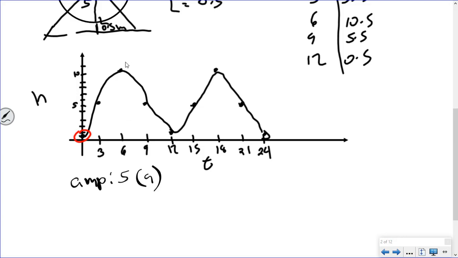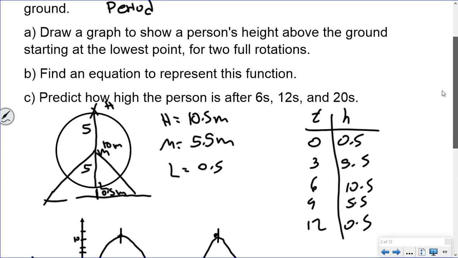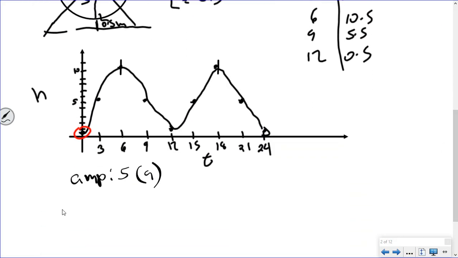My period for this graph, to go from highest point to highest point, or lowest point to lowest point, it says in the graph it takes 12 seconds for one full rotation, so my period is 12. So we have to think about what that means in terms of b. How do I get a period of 12? Because we want to take our work out of radians and turn it into seconds, my b value is going to contain pi.